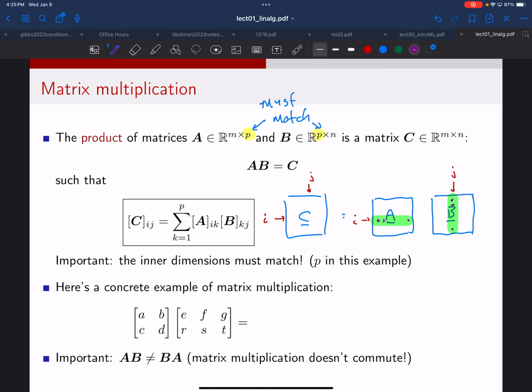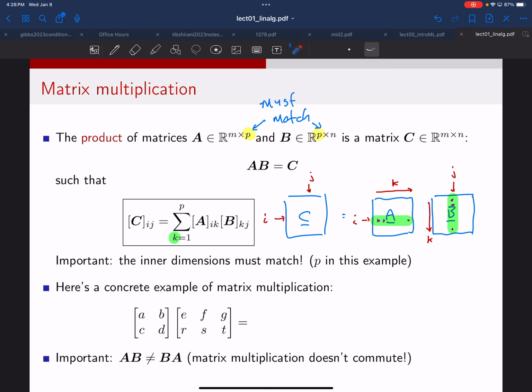And so one way I can annotate that is I can draw an arrow here, taking me over some new index that I can call whatever I want. In this equation, I happen to call it k. But k will be the index that I can think of going across the columns of A, and k is also the index that I can think of that's coming down the rows of B.